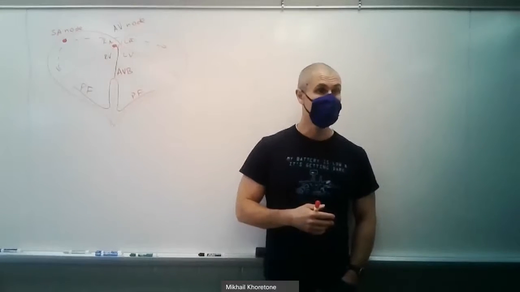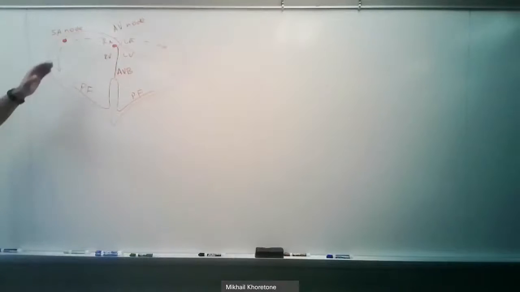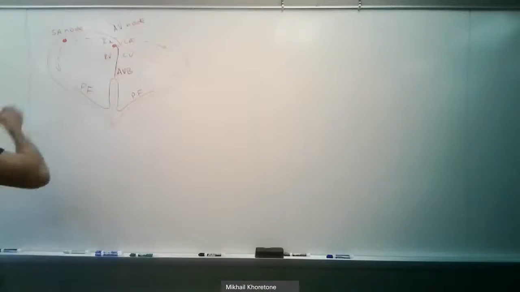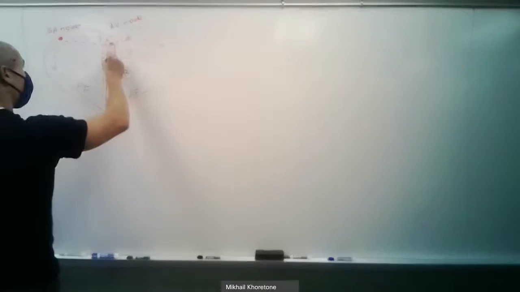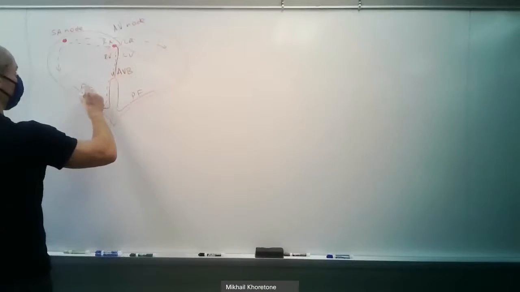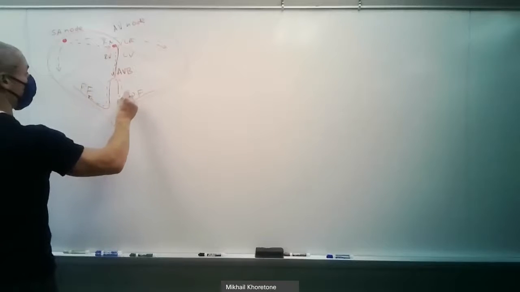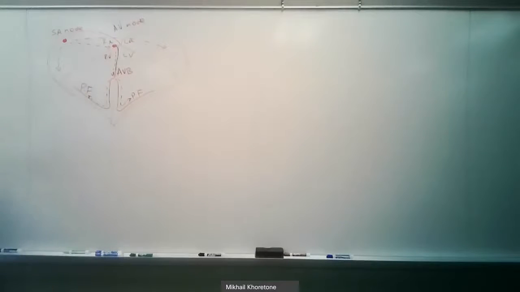So look what happens in terms of the signal. The depolarization wave spreads through the atrium. It reaches the AV node, just as any other corner of the atrium. Goes along the atrioventricular bundle and into the branches and into the Purkinje fibers, reaching the ventricles.